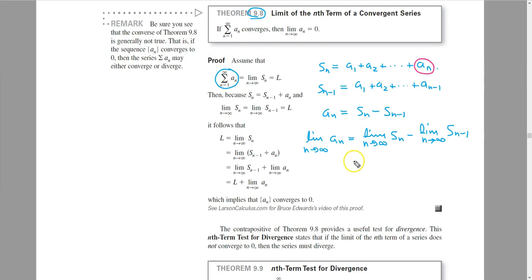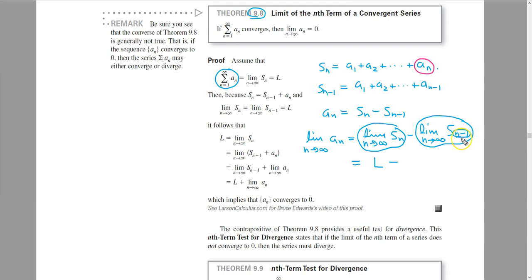Alright, now this quantity right here we know is equal to L, and this quantity right here is also going to be L. You see, the Sn minus 1, if n goes to infinity, so does n minus 1. It's just the previous term. If n is 1,000,000, n minus 1 is going to be 999,999.